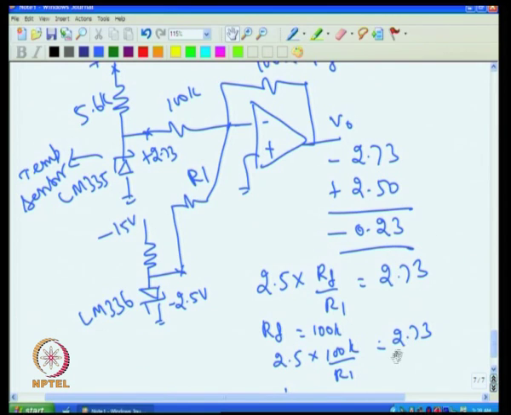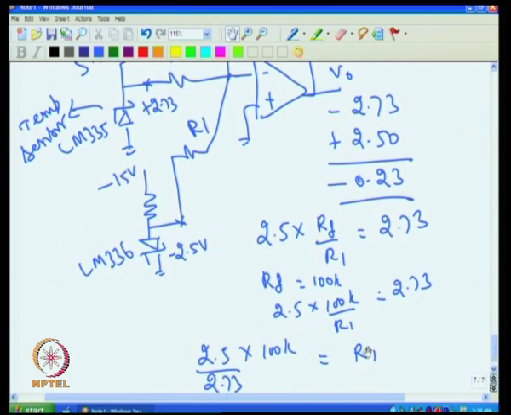So, I have to put this value of R1 here. If you work it out, you do not find even that value readily available. So, normally what is done is we put around 82 K. What I will do is put one more additional resistance here, for example, 82 K and a very small variable resistance, and then that should cover this range.